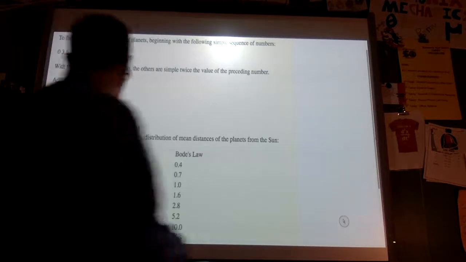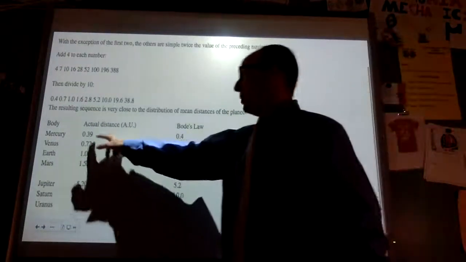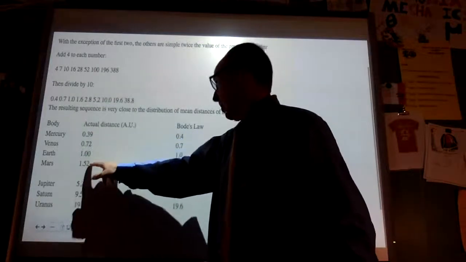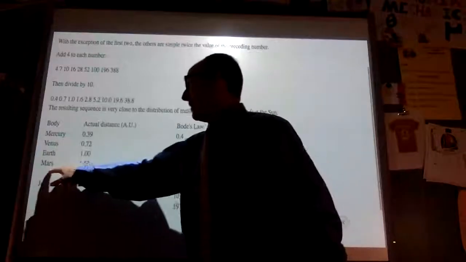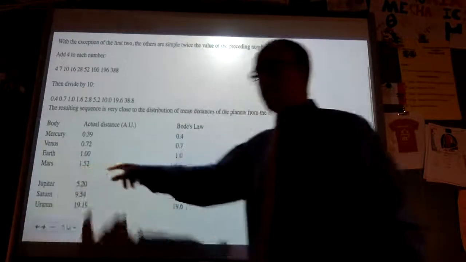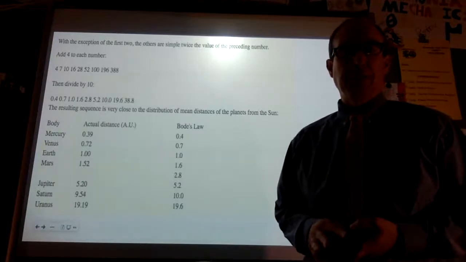And we can see how close this actually matches up to where Mercury, Venus, Earth, Mars is, and then Jupiter, Saturn, and Uranus. The one missing in here was planet X that they looked for, and it turns out that's where the asteroid belt is.